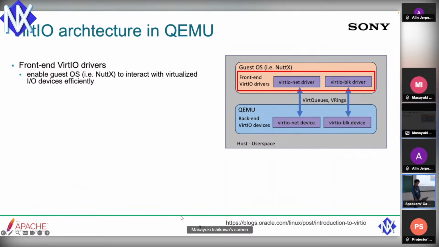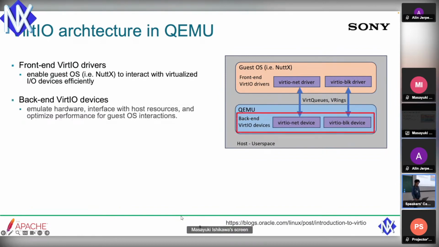The purpose of these drivers is to enable the guest OS to interact with virtualized I/O devices on the host efficiently. And inside QEMU, there are backend VirtIO devices that emulate hardware and interface to host resources. Also, they optimize the performance for guest OS interactions.